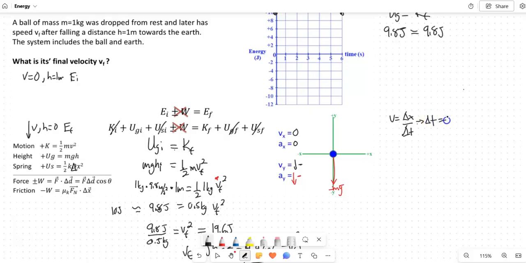So time is going to be equal to displacement over change in velocity, and that displacement is 1 meter. The change in velocity, it started at 0 meters per second and went to 4.43 meters per second. So that delta t is going to be equal to 1 meter over 4.43 meters per second.